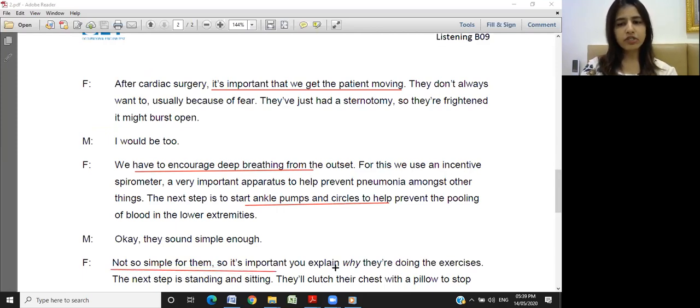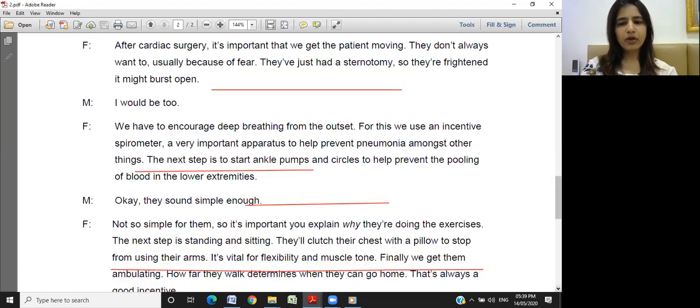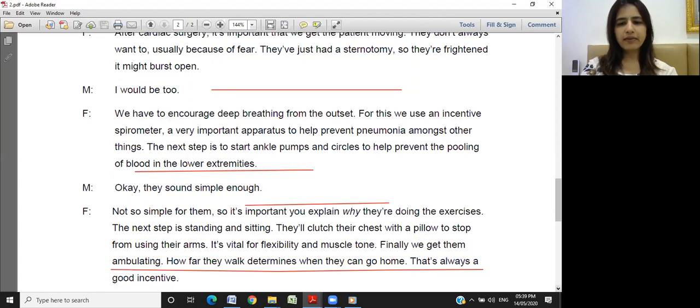So it is important to explain why they are doing these exercises. And then they explained that after doing all those exercises, the final step will be to get them moving. And how far they walk can be a determining factor for you to decide when they can go home. And that's a good incentive.